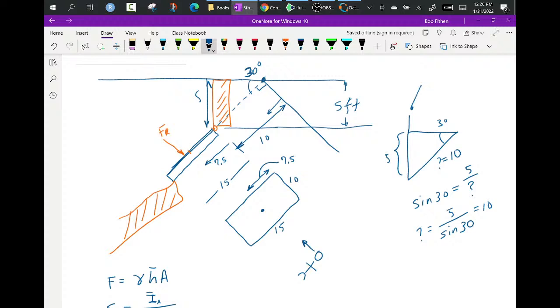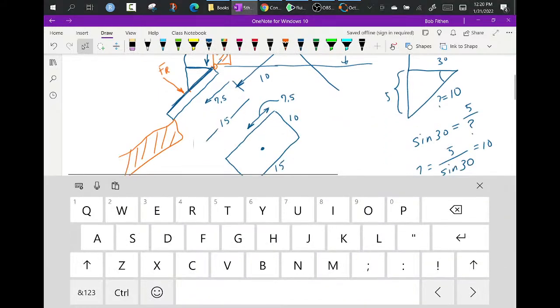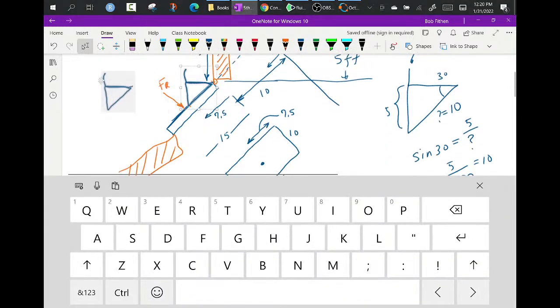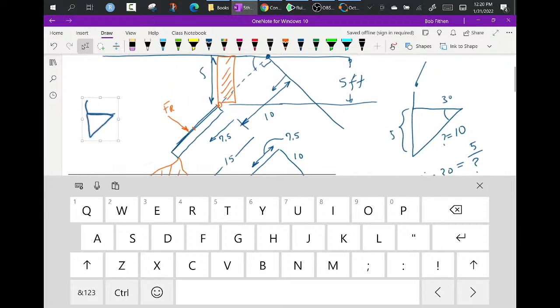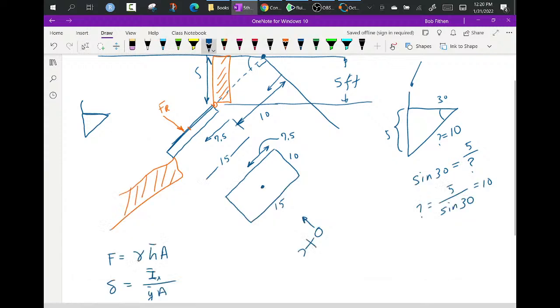So now I'm looking at a triangle that is like so. Okay, there's my selection point. Actually, I didn't even need to do that, did I? But I did it. So now I've got this triangle, and it says it's 7.5. And what I'm interested in is the extra distance down here. But if you compare it up to here, this is still 30. So by making this analogy, this is 10 and this is 5.